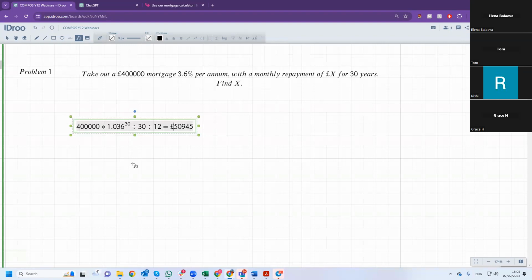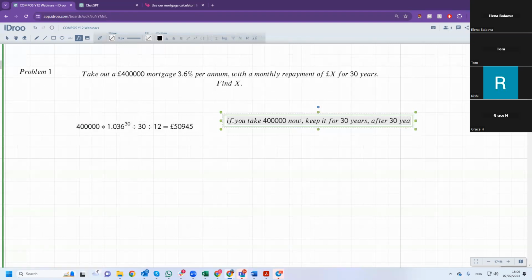Well, if you were to take 400,000 now and keep it for 30 years and then repay it, after 30 years you will repay what's it, times 50 times 30 times 12.